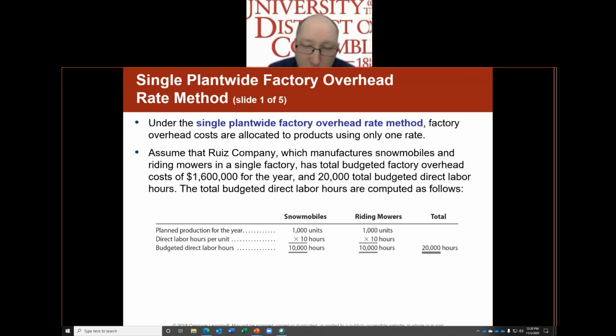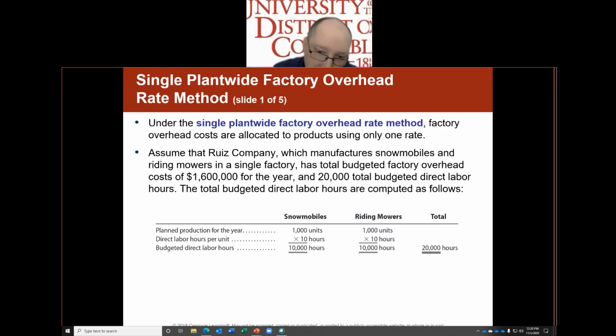So here's how we decide to break it up. We are allocating 10,000 hours to snowmobiles and 10,000 hours to riding lawnmowers because we have a budget of 20,000. We produce both snowmobiles and riding lawnmowers. We plan to produce 1,000 units of each, and each unit takes us about 10 hours to make.